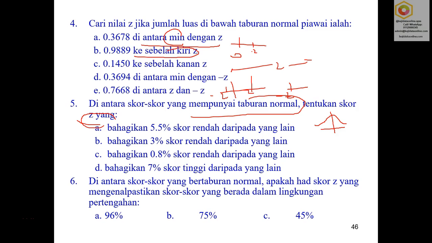Divided by 5.5, the score is actually such that 94.5% of the data is higher. So the non-higher one will be the other side of it, right? Okay, you try to imagine it first. I'm not going to say anything because otherwise I give you the hint already. You try it first. Probably you can discuss with your friends.